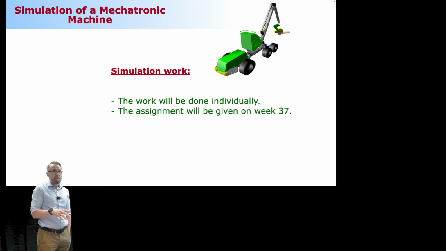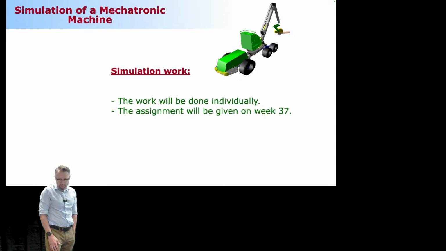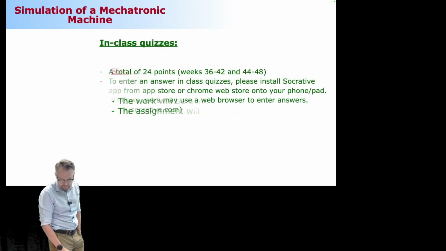So you're going to get specific numbers that are only yours. And we are giving this assignment in week 37. So help me, what week is this week? Is it 36? I think it is 36. All right, so it's going to be next week then.